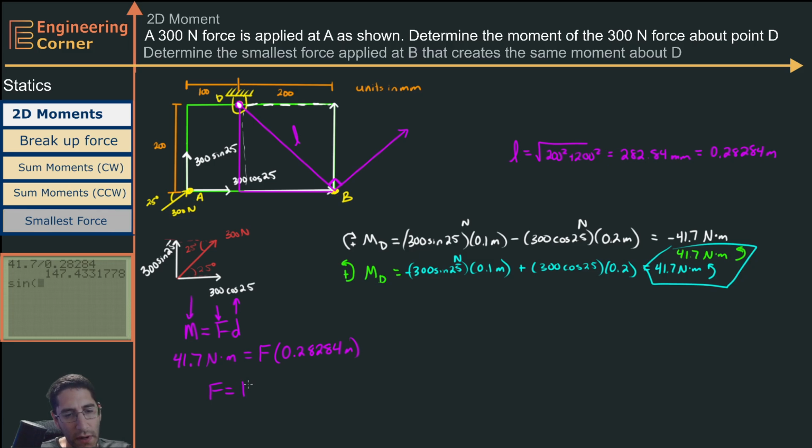And this force is going to be 147.4 newtons. So this means if I apply a force of 147.4 newtons at a 45-degree angle, this is going to be the minimum force that I can apply at point B to get a moment about point D that is 41.7 Newton meters.